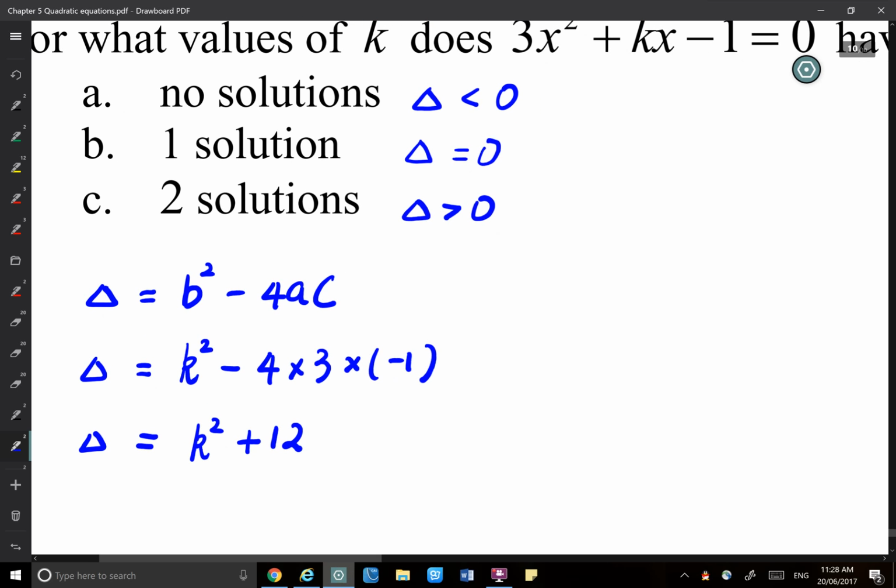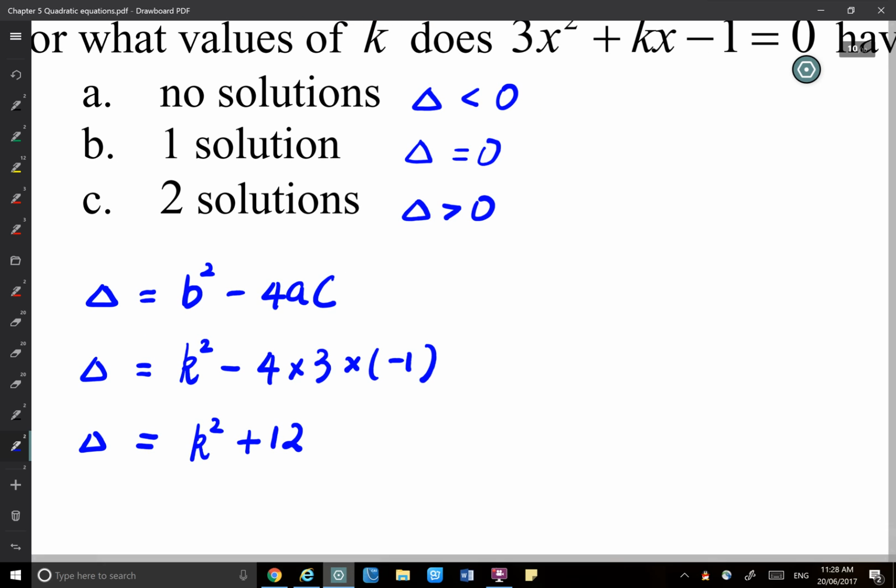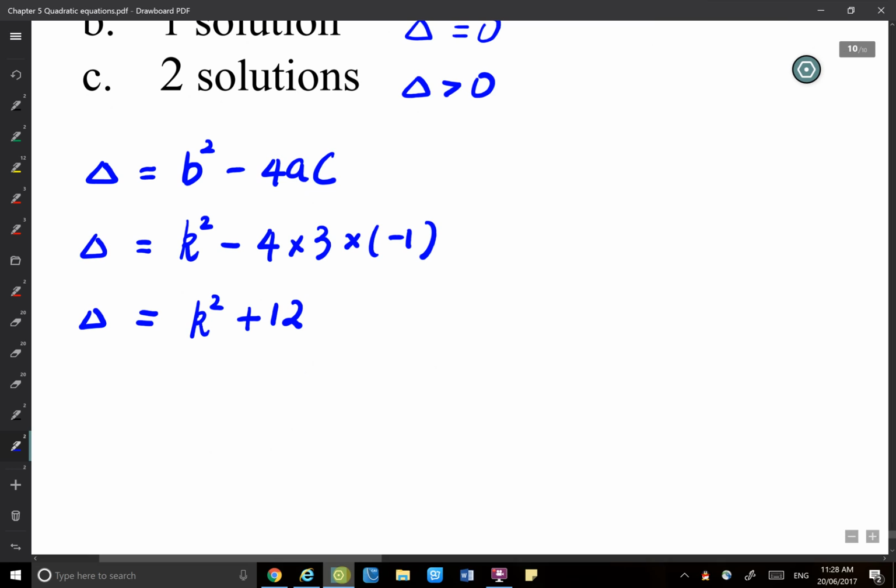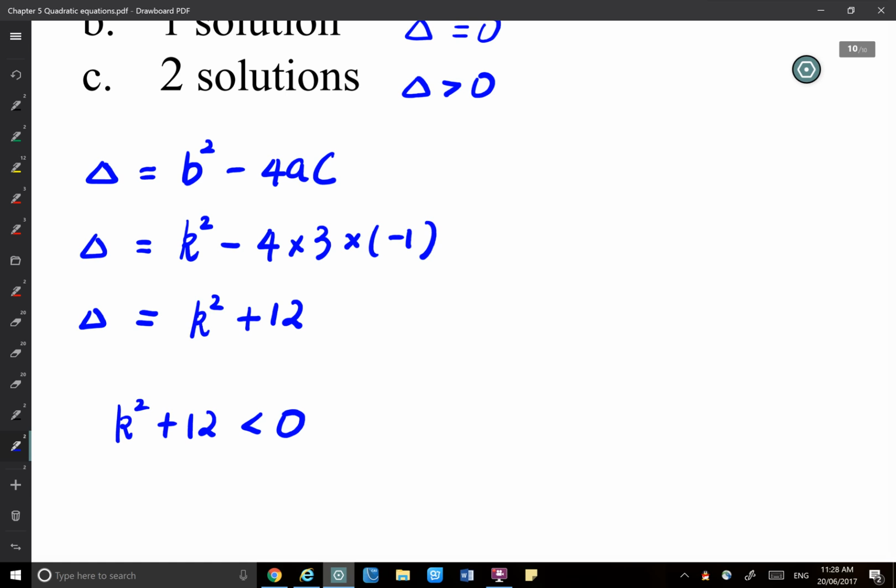Okay, let's have a think about this discriminant. The first question asks us for the discriminant to be less than 0. So I need k squared plus 12 to be less than 0. Is that possible? No. k squared is already greater than or equal to 0.